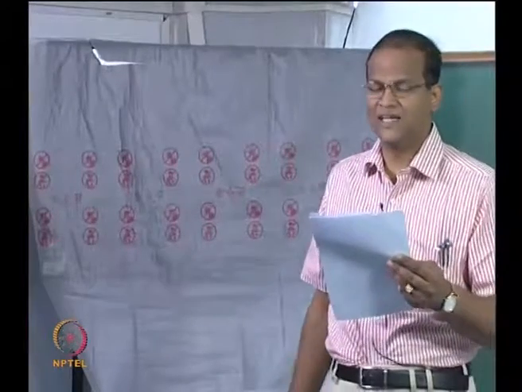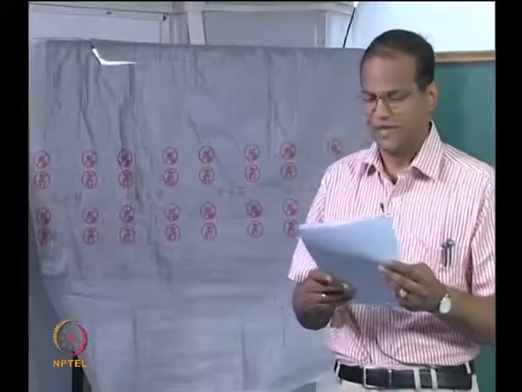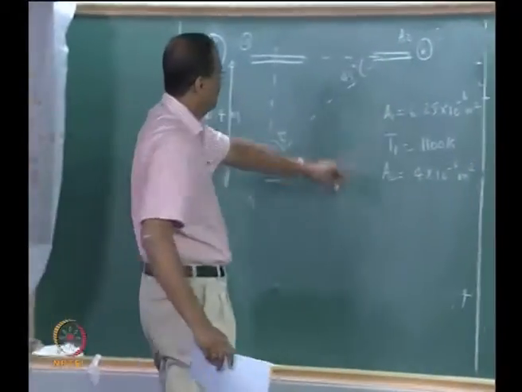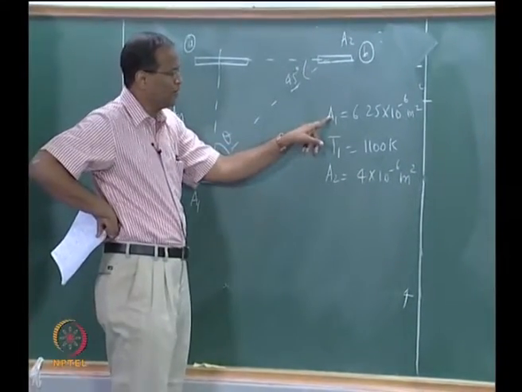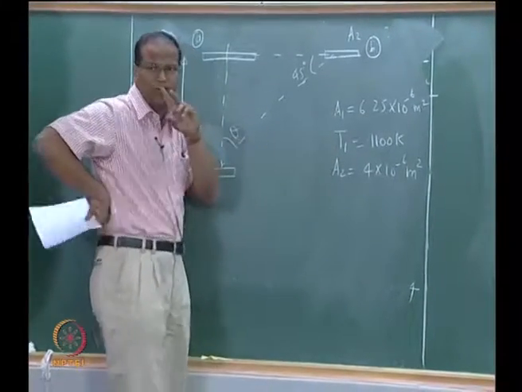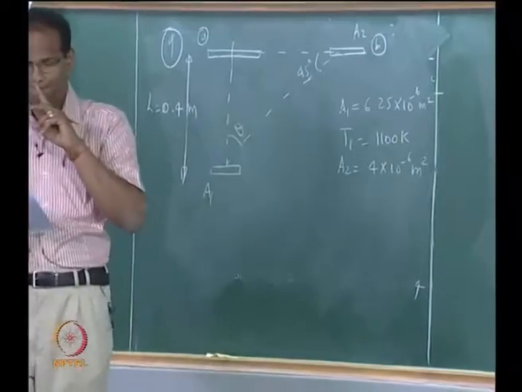The area of the detector A2 is 4 × 10^-6 square meters. All these data are given: A1 is 6.25 × 10^-6 m², T1 is 1100 K, and A2 is 4 × 10^-6 m².